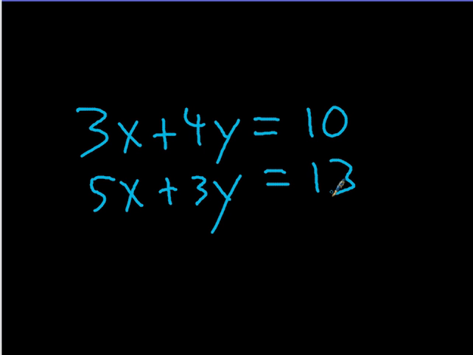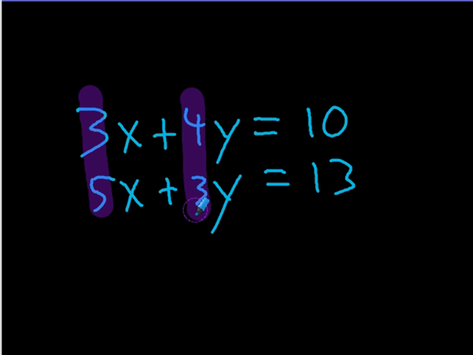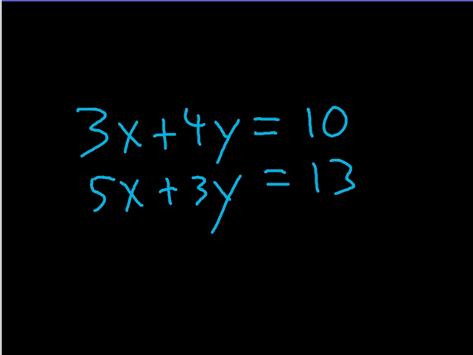You're going to notice here that these don't match and these don't match, right? And the problem is there's not an easy number. There is a number, but there's not an easy number that I can pick to multiply 5 by so that it becomes 3, or 3 by so it becomes 5.